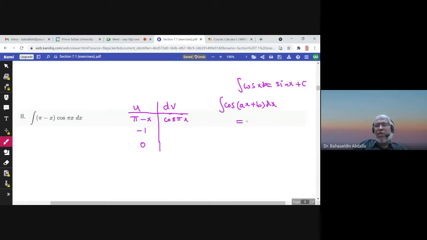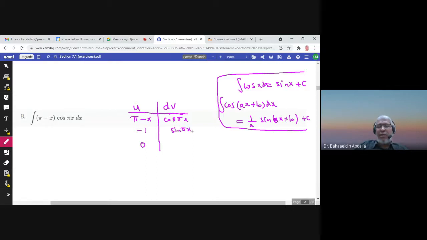The answer here would be 1 over a times sine ax plus b, plus c. So remember this formula also. Whenever you replace x by ax plus b, you use the same formula, but you should divide by a. So the integral of cosine pi x is sine pi x over pi.